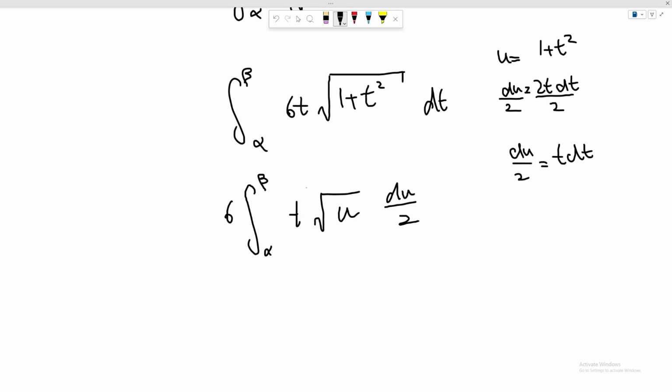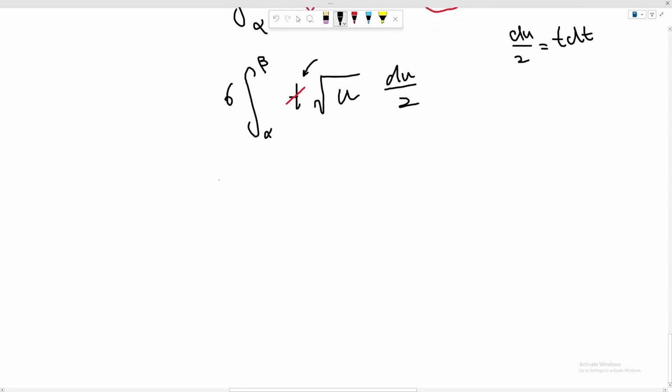But you see this t right here. This, so here, let me highlight. These two are together. So this t actually goes out. Right? And now if I rewrite this, what I'll get, this 1 over 2 also goes out. So what we'll get is 3 times the integral from b to a of the square root of u du.